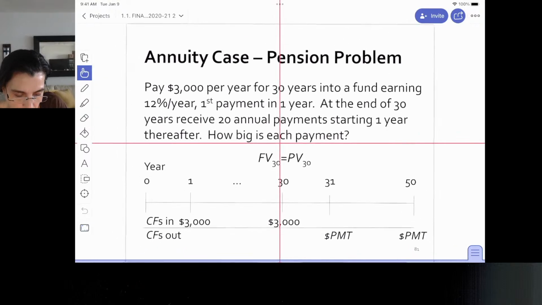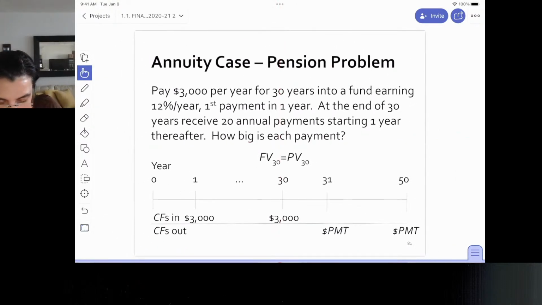The last problem in this set of lecture notes is the application of two annuities in a pension problem. Did any of you attempt this, and were you successful in solving this problem?